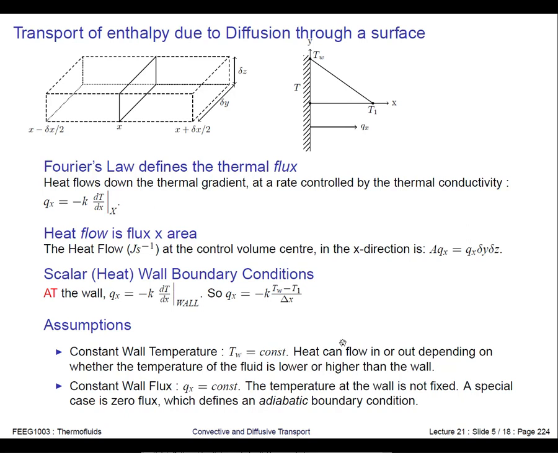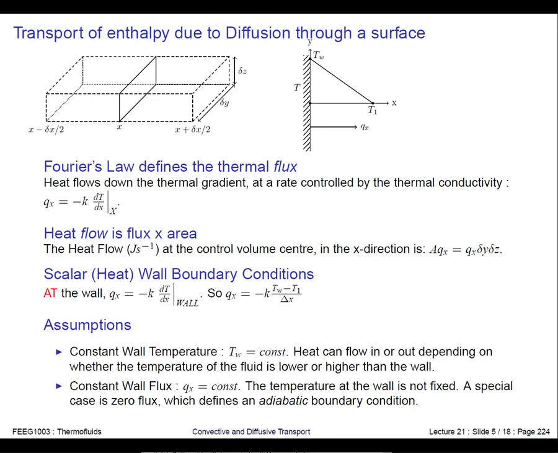A more common assumption is that we define a constant heat flux. So you might get this from, you can think of an example, if you get a saucepan of water and you put it on your stove and you light the gas. So effectively you're pushing a certain amount of heat into your saucepan, and the temperature of your fluid is changing over time.